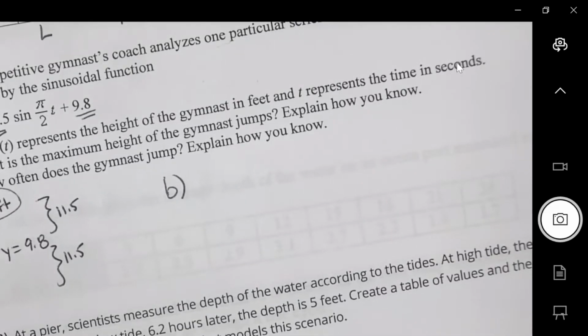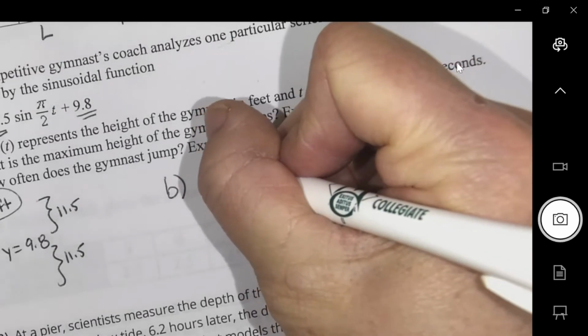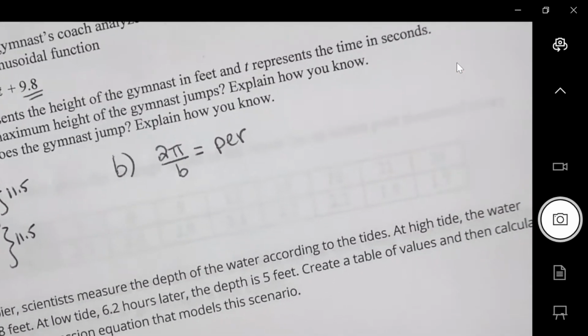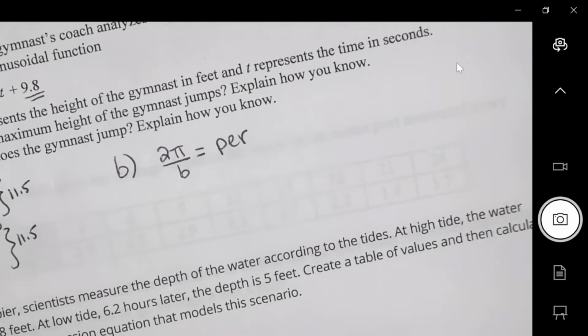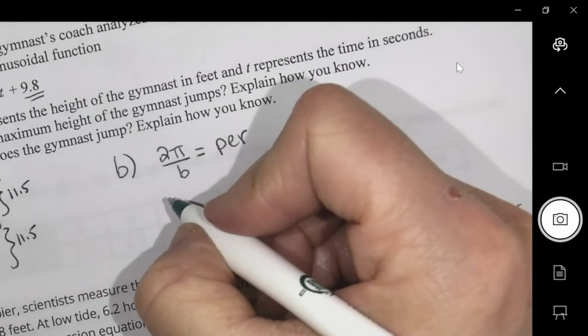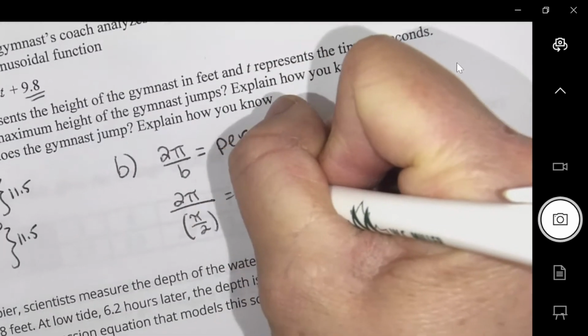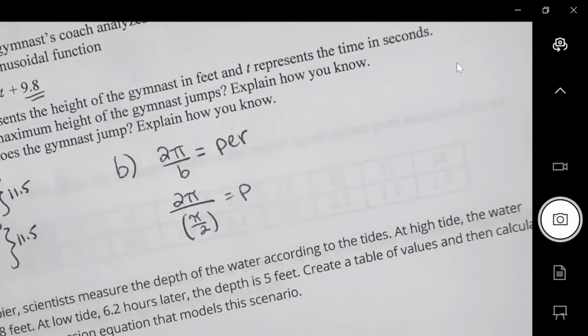How often does the gymnast jump? So this is talking about a cycle. What's one complete cycle? So we need our period. We need our period. So I'm going to put in the B value. So the B value was that. Instead of doing a divide fraction, can you change that to look like a multiply flip fraction?